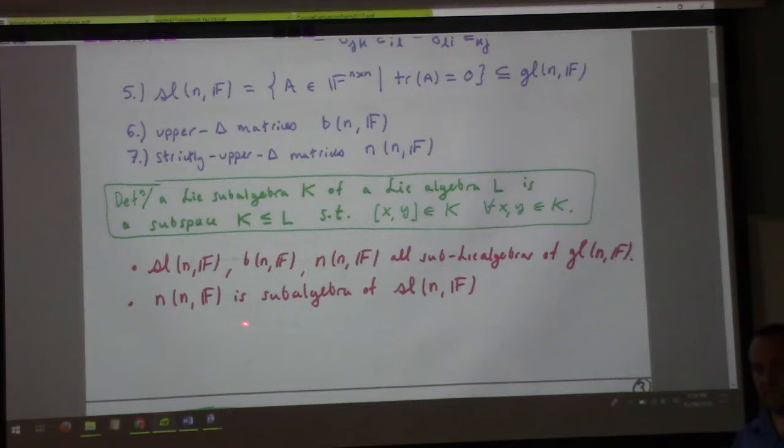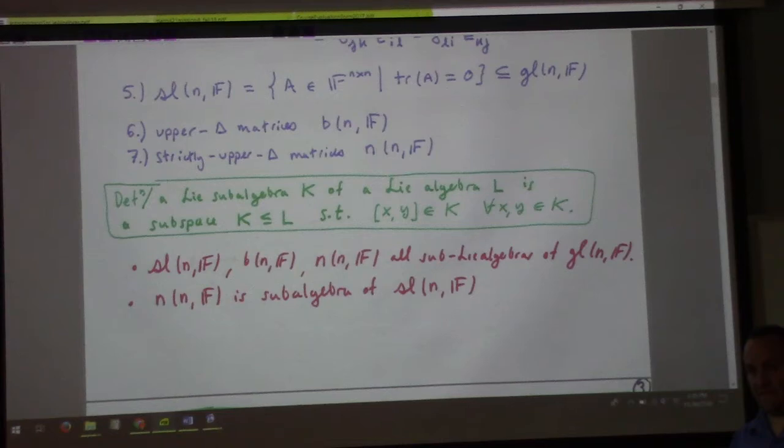So all you have to do is do what? You have to show that if you take the commutator bracket of two nilpotent matrices, you get a what? You need to show that the Lie bracket is closed on the strictly upper triangular matrices. In other words, that the commutator bracket of two nilpotent matrices is again a nilpotent matrix.